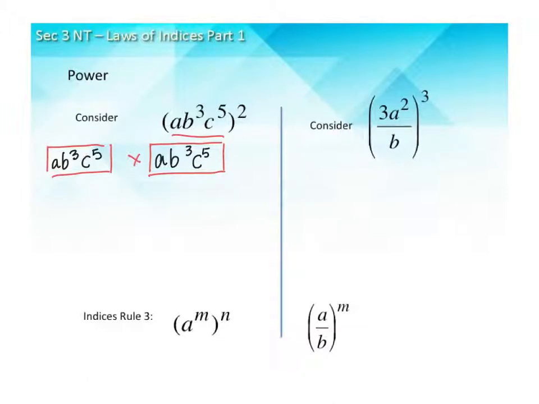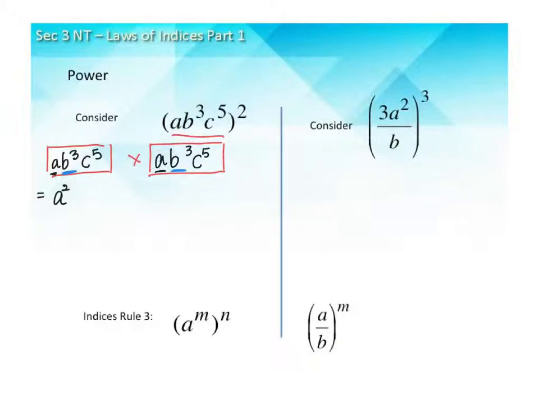Now taking a look at the individual letters. Firstly, I will have a times a. There are 2 groups of a, so this will be a to the power of 2. Then next one, let's take a look at b. I will have b cubed times b cubed. What is b cubed times b cubed?